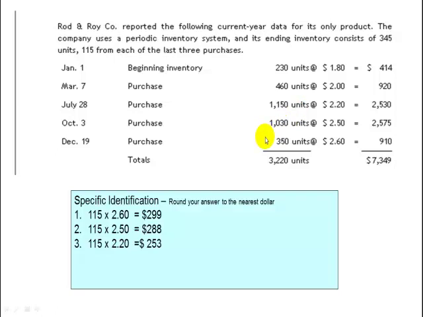That is what our ending inventory is made up of, those three layers of inventory. We'll add that up, and it comes out to a total of 345 units, like it said up here, with a total dollar amount of $840. They also want to know what our cost of goods sold is.